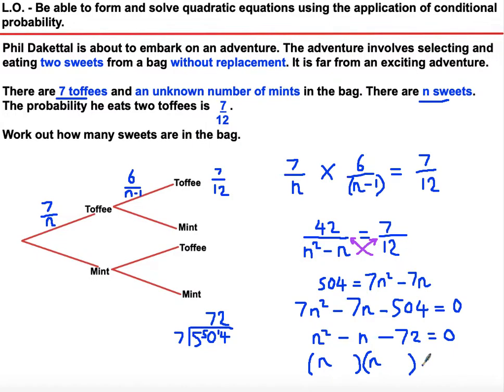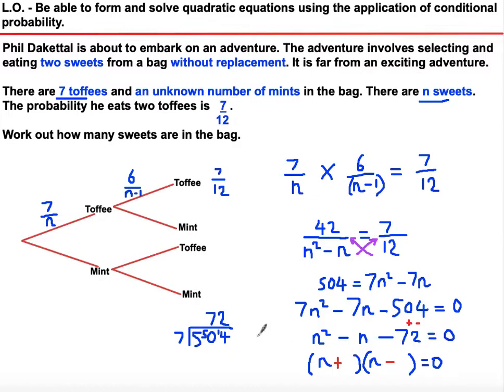Now when you've got a negative on the end, that indicates that it's going to be a plus and a minus within the brackets. Then we need two factors of 72 that go together to make minus 1n, but we don't write minus 1n because it's not polite.